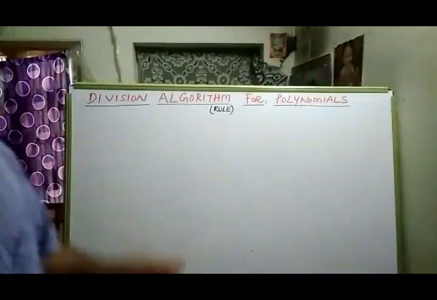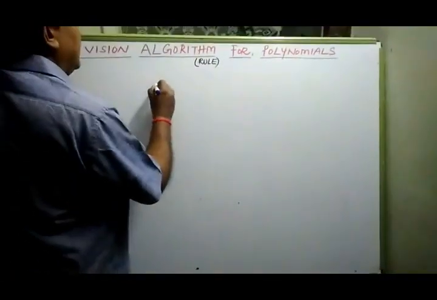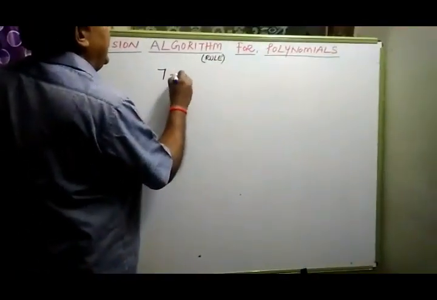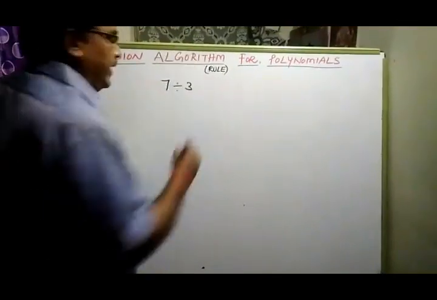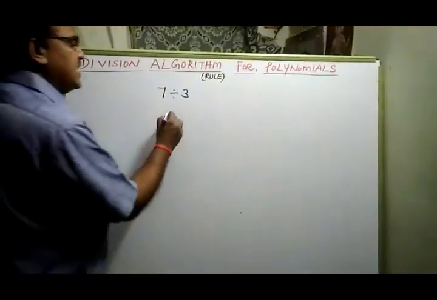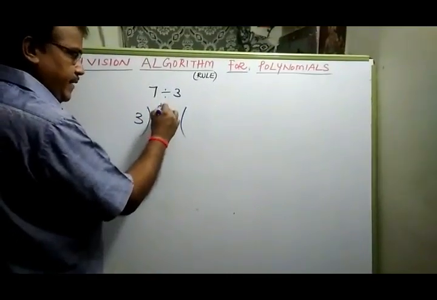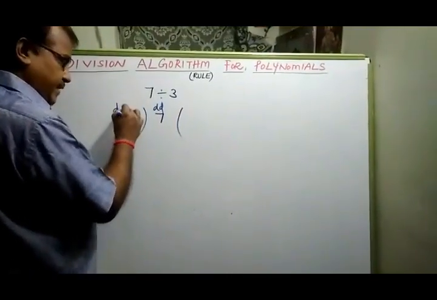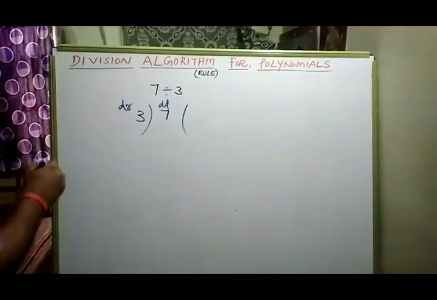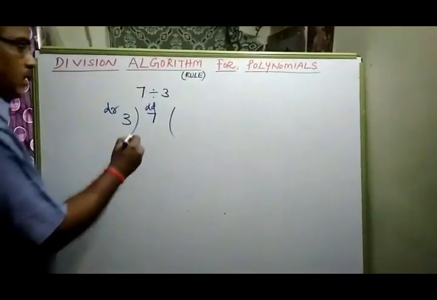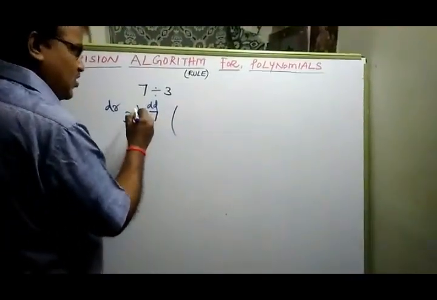Now, one sum: 7 divided by 3. This is the dividend. This is the divisor. So, 3 2s are first you divide.